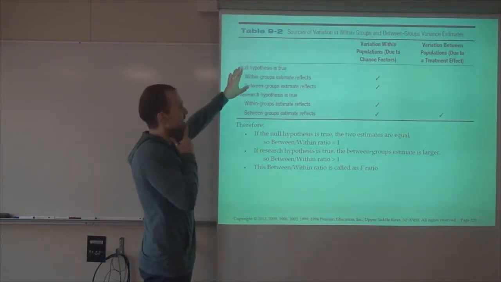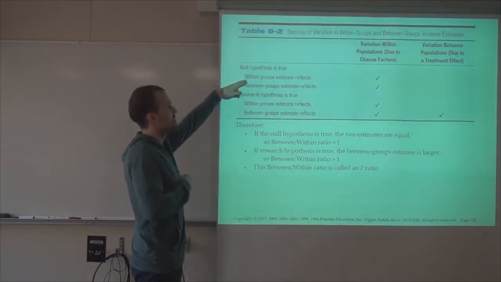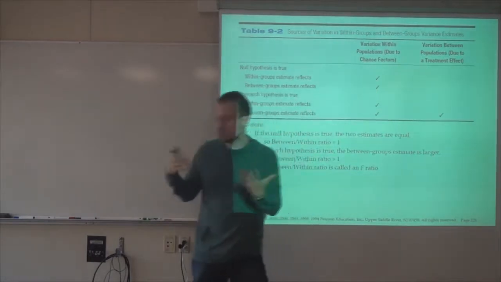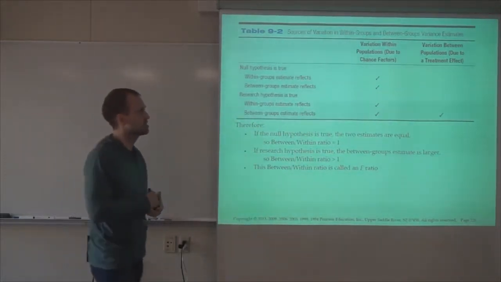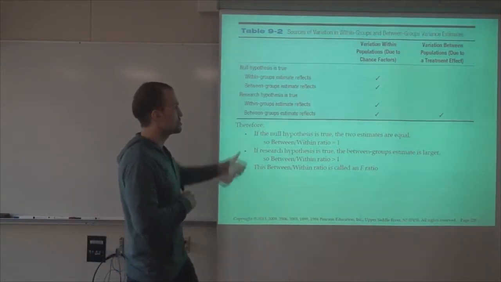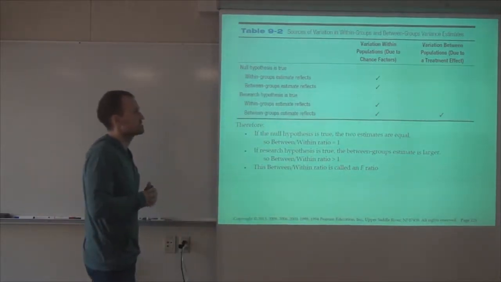So where does the variation come from? Well, if the null hypothesis is true, then within the groups there is some variation. It's natural. Not everyone's the same. There is variation inside each group. And due to chance factors, there will be some variation.